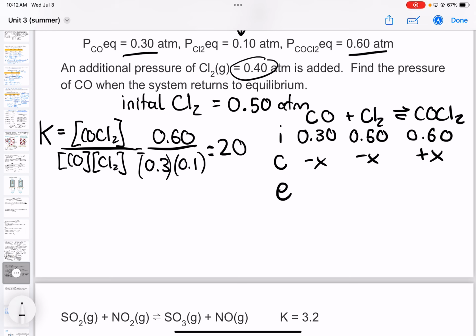Like in this case, if they're both 1 mole, you know that the minus x is going to be 0.3, even though you have 0.5 of the Cl2, because you only have 0.3 of the CO. I don't know, it could make it harder. Just an idea.